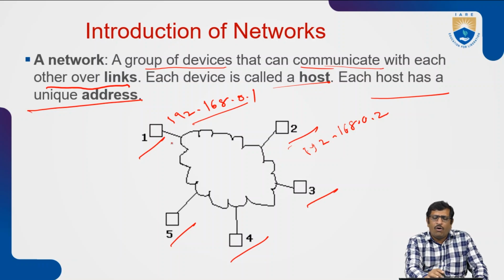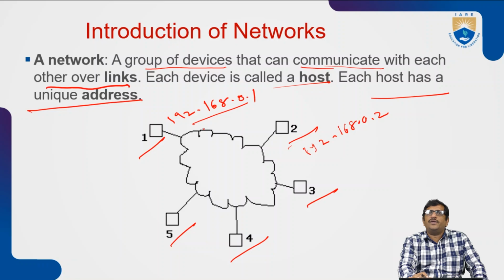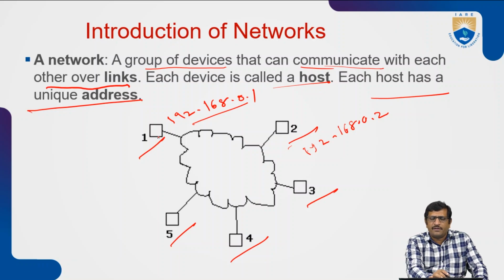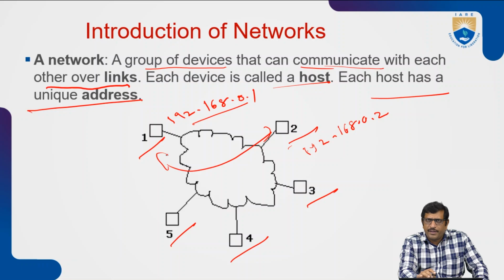Like this, all the devices have a unique IP address, and each and every device has a link over the internet. With the help of this link, communication is established from one device to the other device. The link can be established with the help of the IP address, identifying the particular device by the destination IP address.